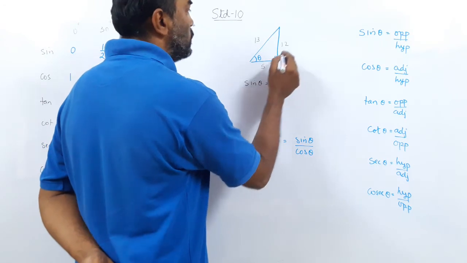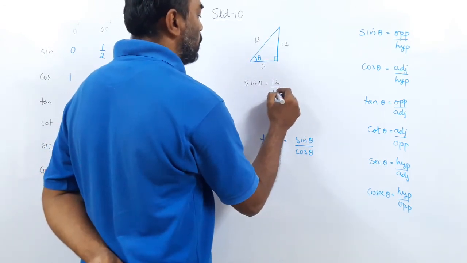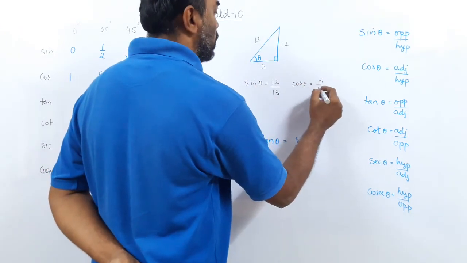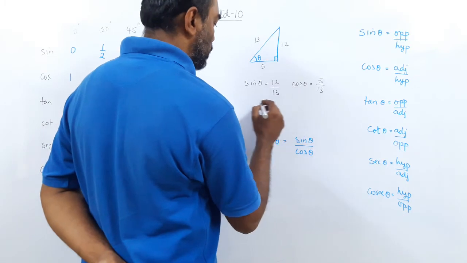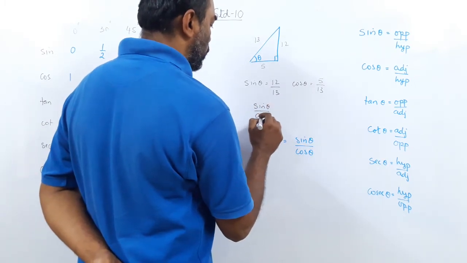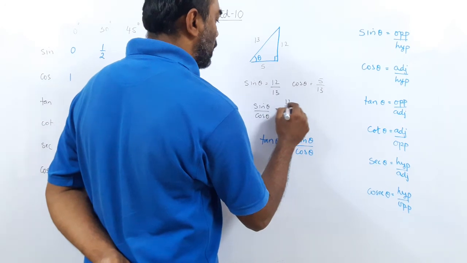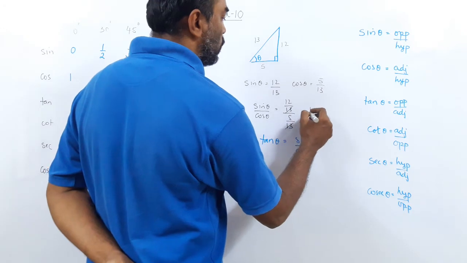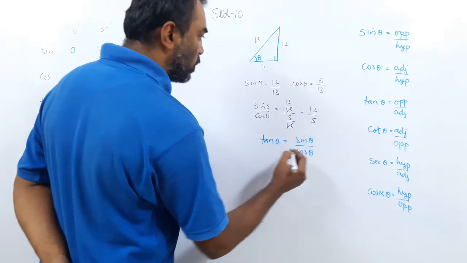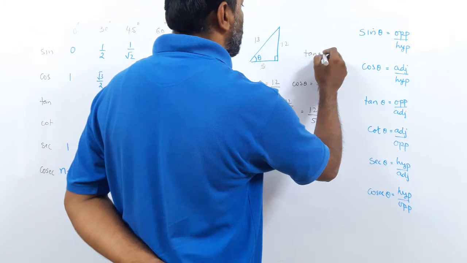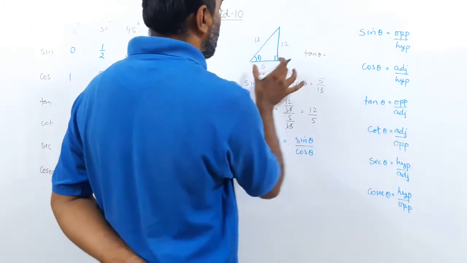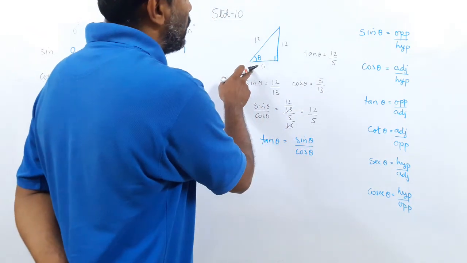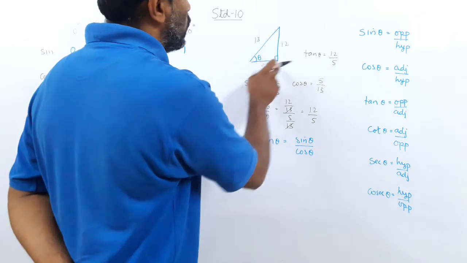Sin theta is opposite upon hypotenuse, 12 upon 13, and cos theta is adjacent upon hypotenuse, 5 upon 13. So if you divide sin theta by cos theta, you get 12 upon 13 divided by 5 upon 13. The 13 gets cut, you get 12 upon 5. Now what is tan theta? Tan theta is opposite upon adjacent, so 12 upon 5. So you are getting the same thing. So tan theta you got directly. How? Opposite upon adjacent is 12 upon 5.